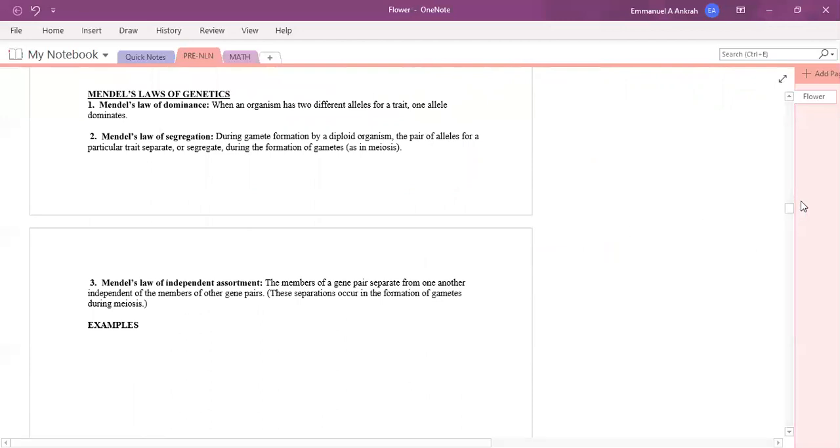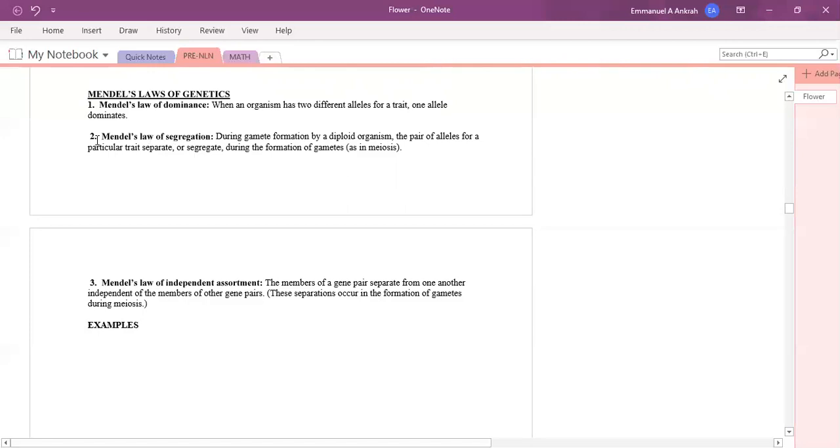He studied a lot of genetic processes and came out with some laws. The first one is Mendel's law of dominance, which says that when an organism has two different alleles for a trait, one allele dominates, as we just said. So with uppercase and lowercase, the dominant one is tallness, which is uppercase. We use uppercase for dominance.